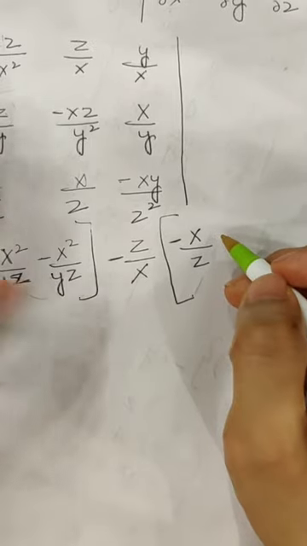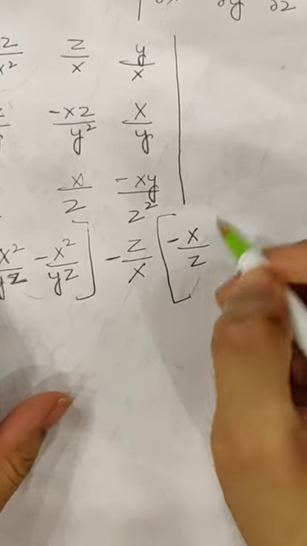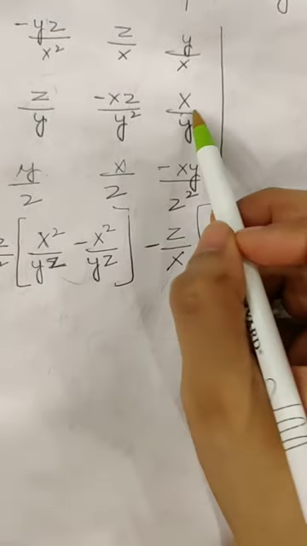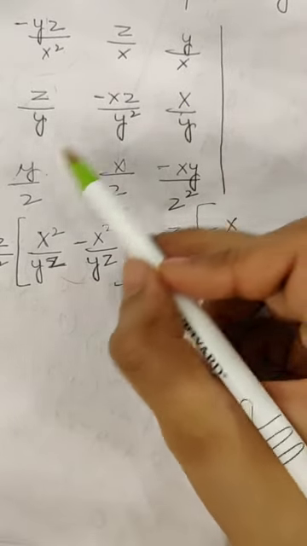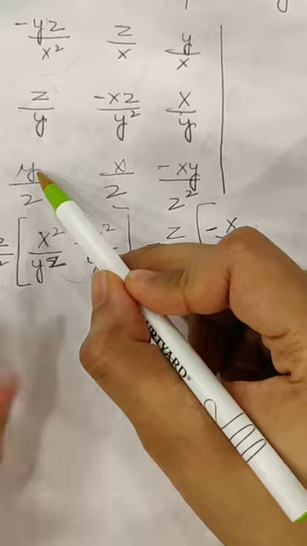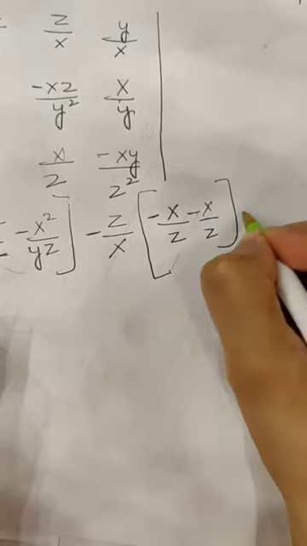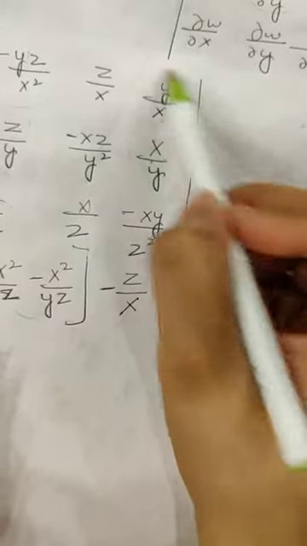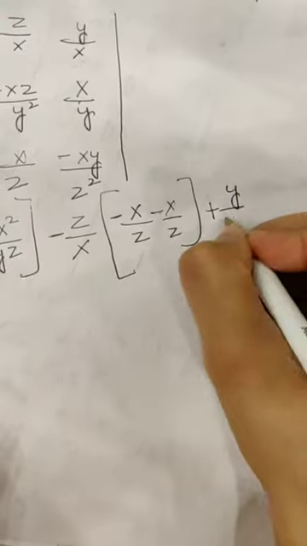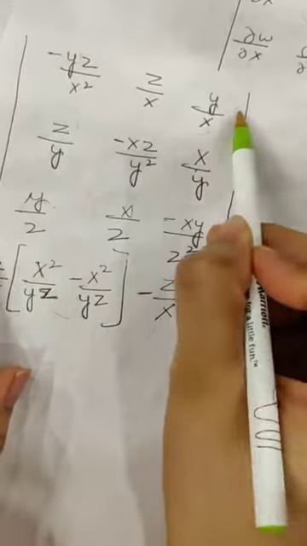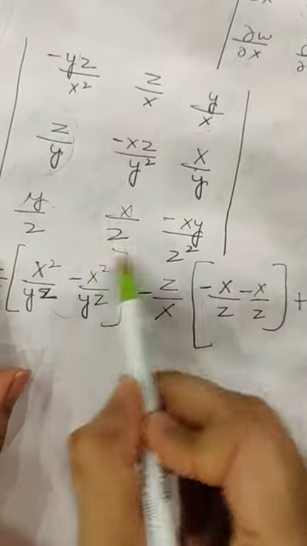Now the next term would be this into this, which is minus x by z, as y gets cancelled. Plus the third term is y by x, cancel its row and column, and multiply this with this.